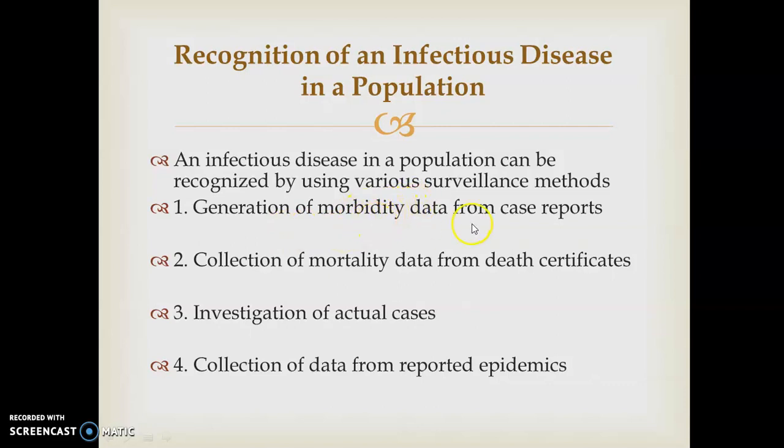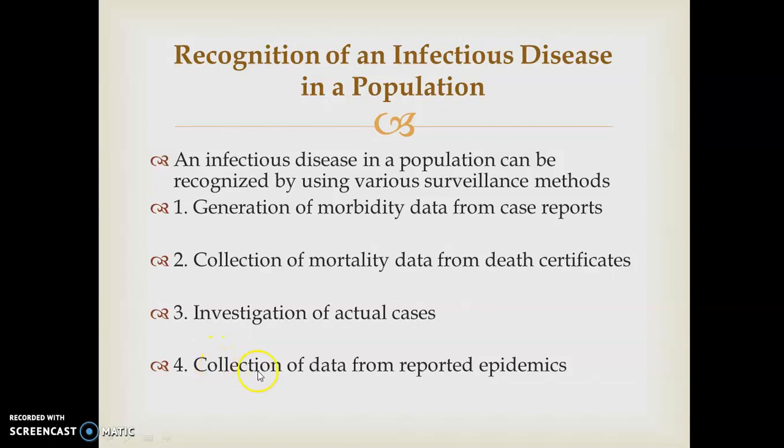So this is the morbidity data from case reports. Now the other is the collection of mortality data from death certificates. We also find out the mortality data, but from an authentic source, that is from death certificates, which are given by certified hospitals. Now the third is the investigation of actual cases, that we know about the actual cases of the infectious disease.